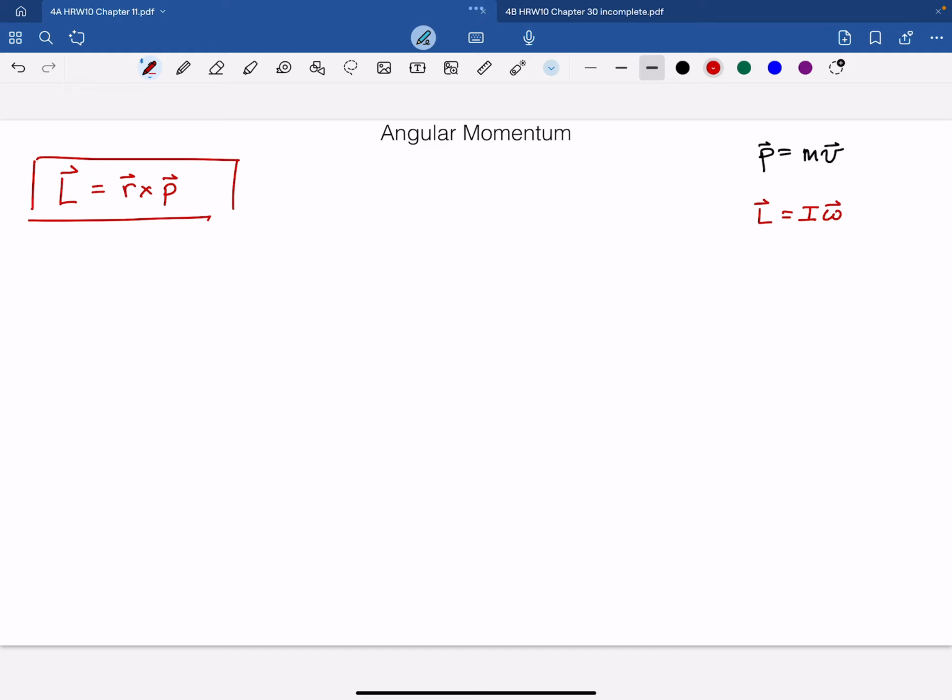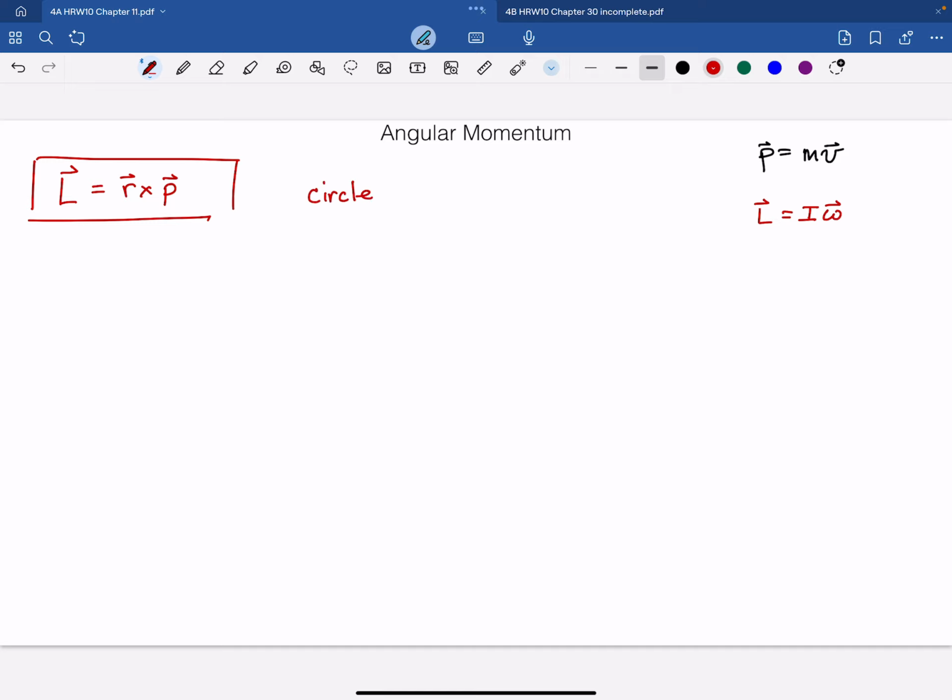There's only one situation where something can't have angular momentum, and that would be if the angle between a distance from an axis and the momentum were 0 or 180 degrees. Because the cross product between any two vectors that are parallel or anti-parallel is always going to be 0. So that's kind of handy.